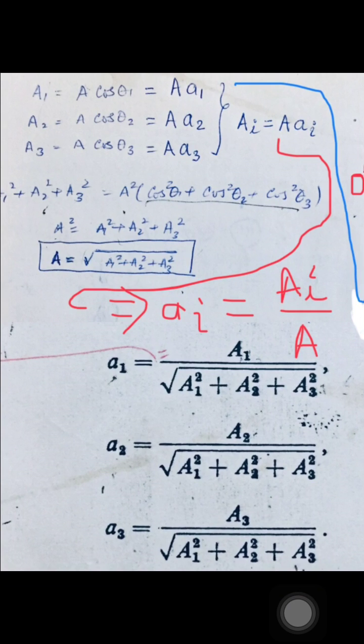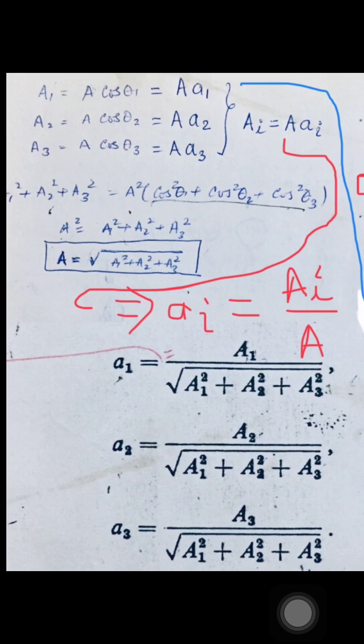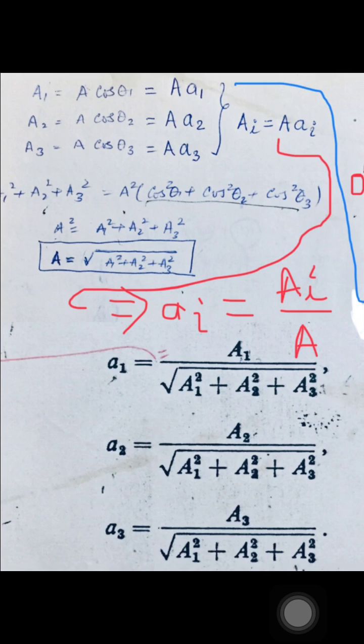What other thing are we using here? When we square these and add them, the left hand side is A1 square plus A2 square plus A3 square, which is nothing but, with A common, A square times cos square theta 1 plus cos square theta 2 plus cos square theta 3.